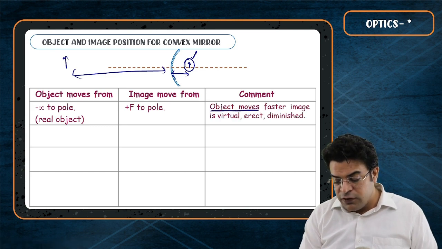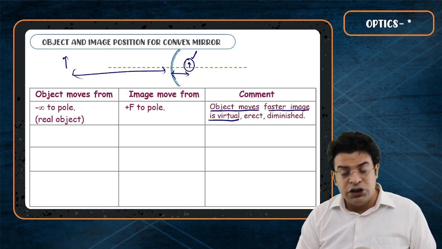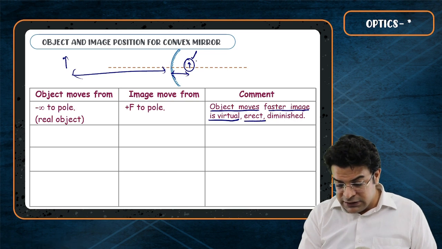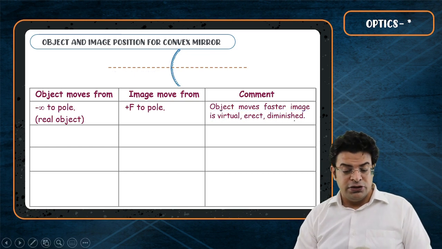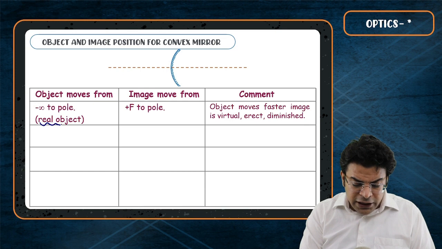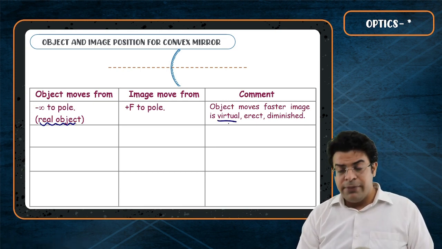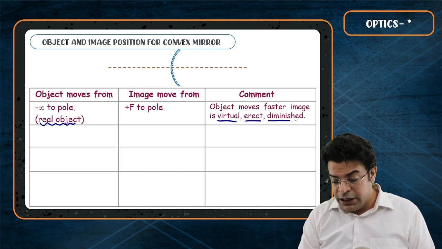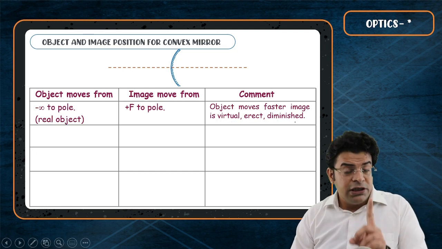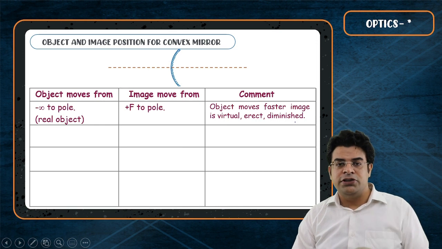So the object moves faster, the image is virtual, erect, and diminished. So remember that for all real objects, a convex mirror forms a virtual, erect, diminished image.